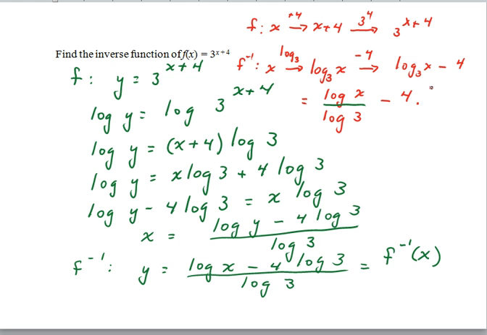And then if we multiplied by the common log of 3, top and bottom, we would get a common denominator of log 3. And that will be equivalent to the answer that we got for f inverse.